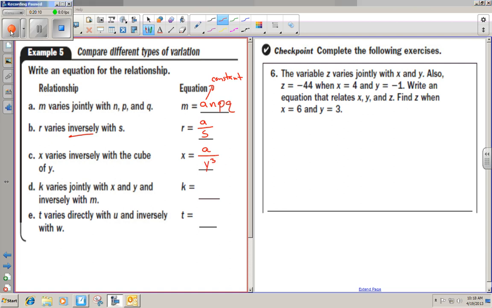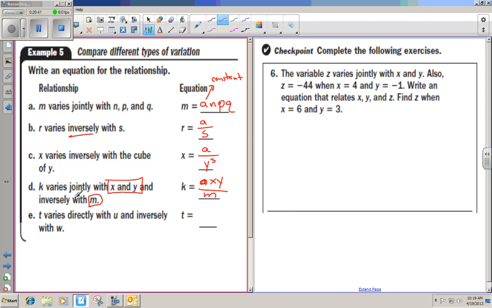So y cubed. All right, the next one here, number D, it says y varies jointly with x and z and inversely with m. So now you have to combine the two of them. Jointly means they're being multiplied, and inversely means m is in the denominator. So you still have A, but it's jointly with x and z, so it's A x z, and then inversely with m.